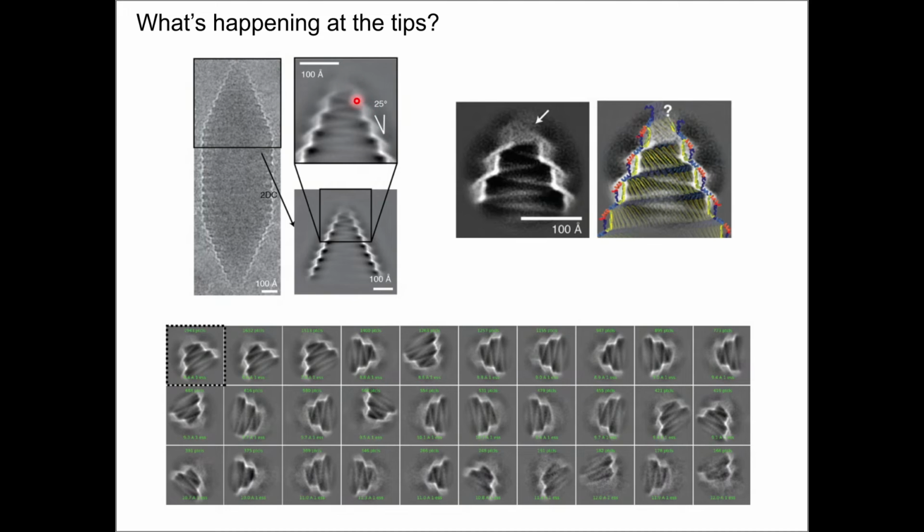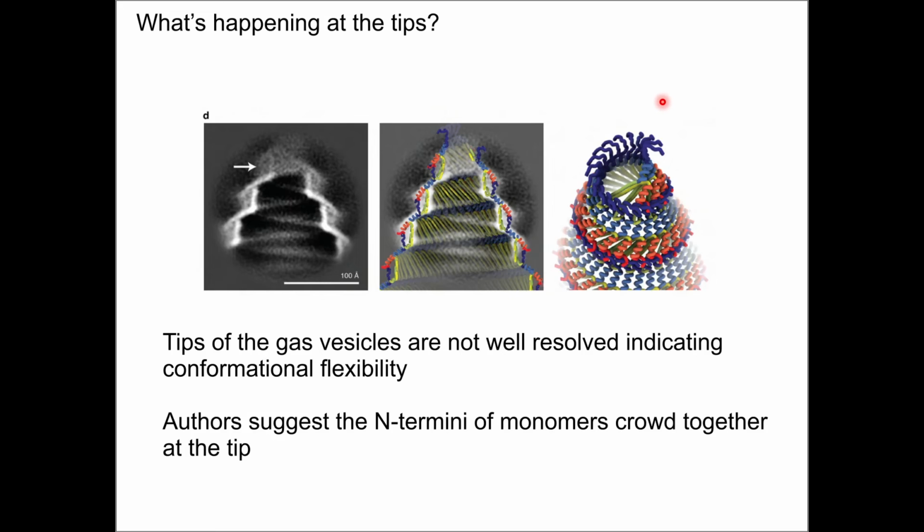But the density just disappears as you get closer and closer to the tip, suggesting that it's heterogeneous and very flexible at the tip. They're showing a whole bunch of their 2D averages down here, which I think look really cool, but you just can't quite get at what's happening there.